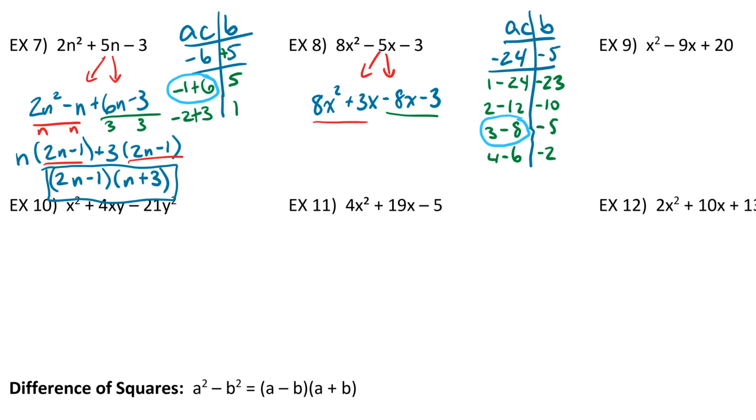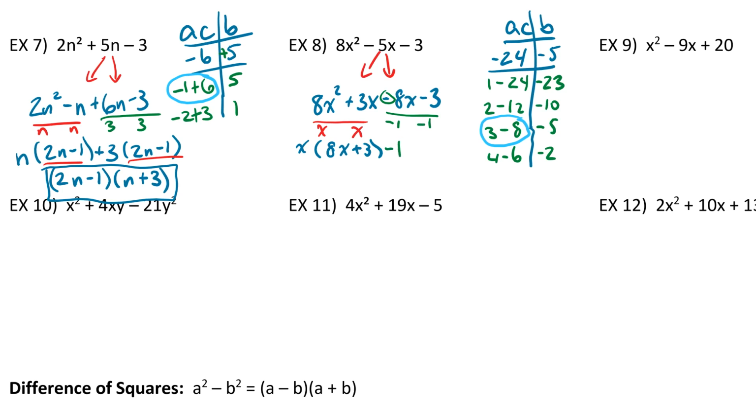So for the first group, they both share an x. So we're going to have x times 8x plus 3. For the second group, 8 and 3 don't share any common factors, so we would just take out a 1, but since it starts with a negative, we're going to take out a negative 1.